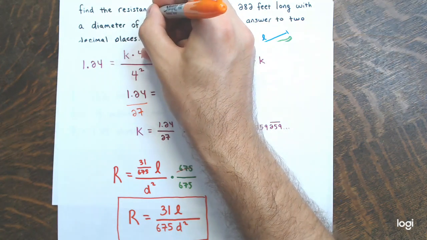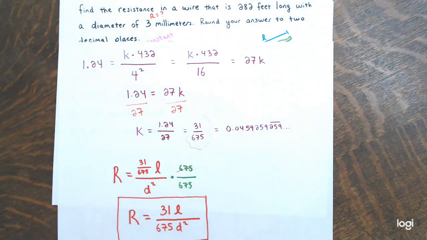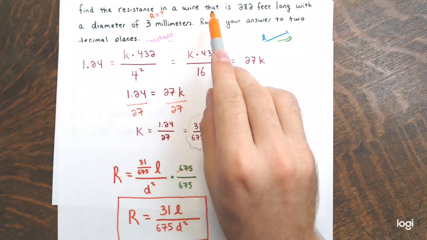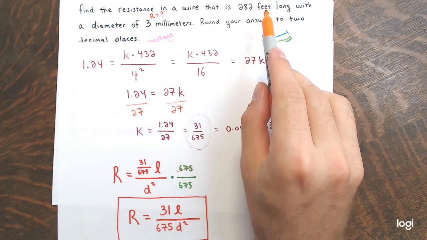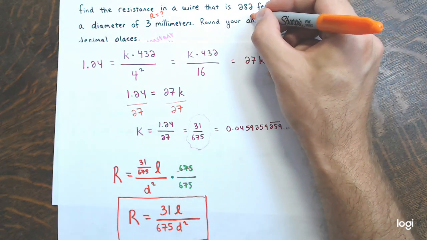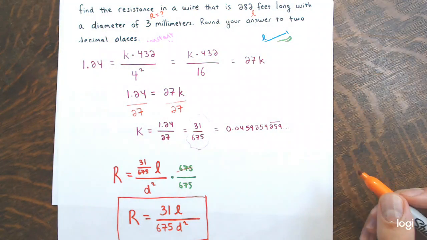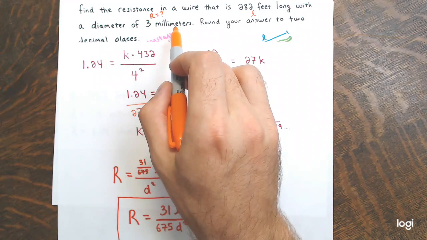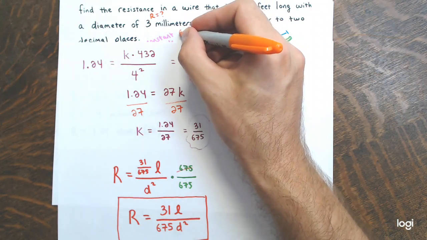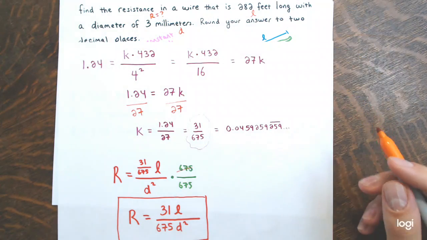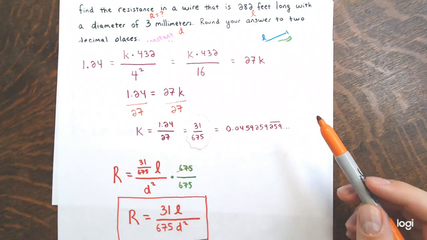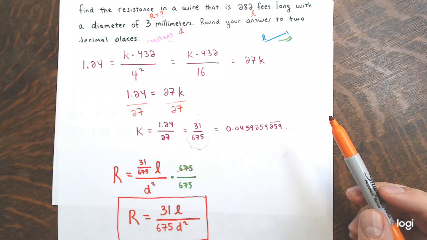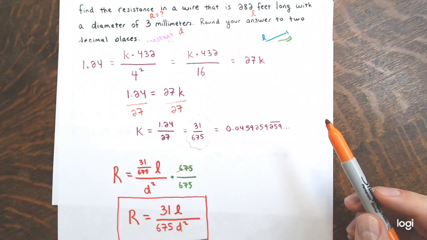Find the resistance in a wire that is 282 feet long. That would be the value of L. With a diameter of 3 millimeters, that's the value of d. And round your answer to 2 decimal places, the nearest hundredth.